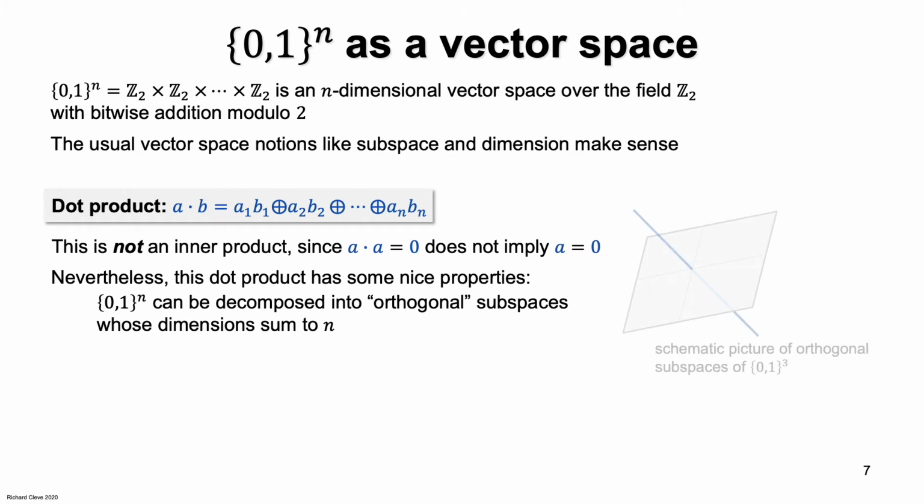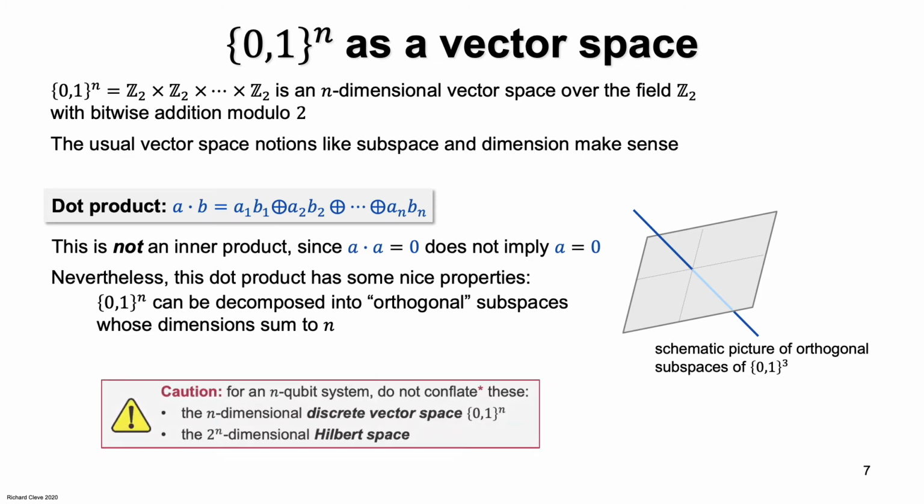Here is a schematic picture of a decomposition of 0, 1 to the 3, the set of 3-bit strings, decomposed into a one-dimensional space and an orthogonal two-dimensional space. Of course, the picture is really applicable to vector spaces over the reals, not the finite field Z2. So it should just be seen as an intuitive guide rather than a literal depiction.